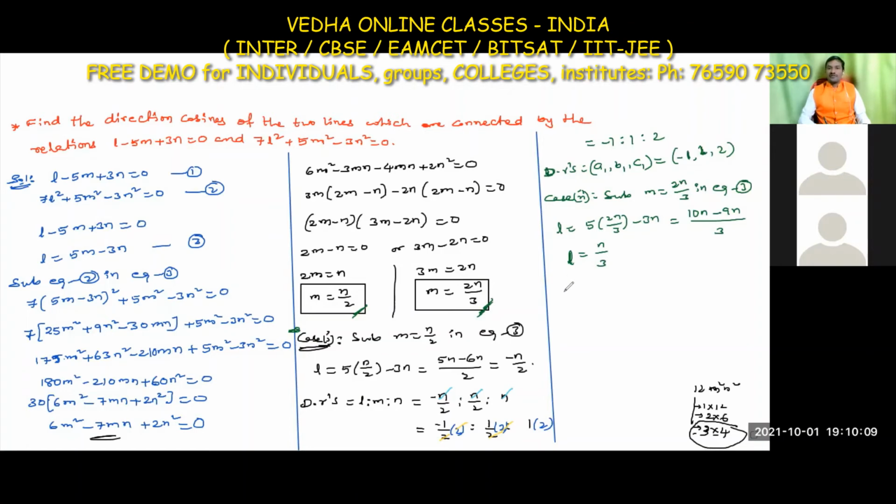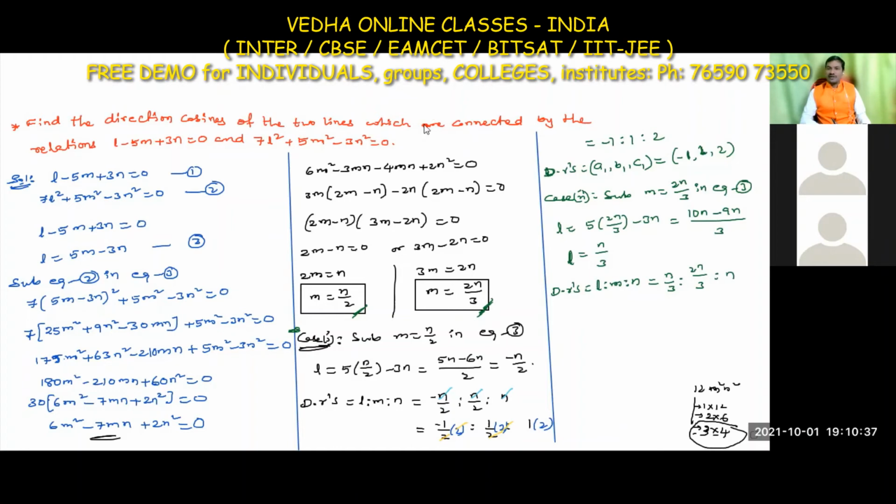Now we find the DRs again. DRs is equal to L is to m is to n. L value is n by 3, just now we got, and m we already know the value, that is 2n by 3, and n is n only.